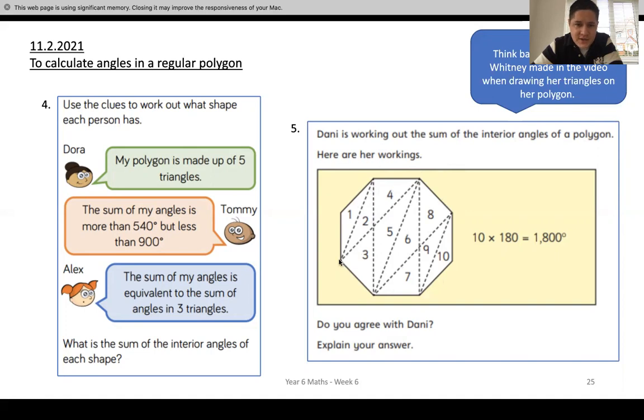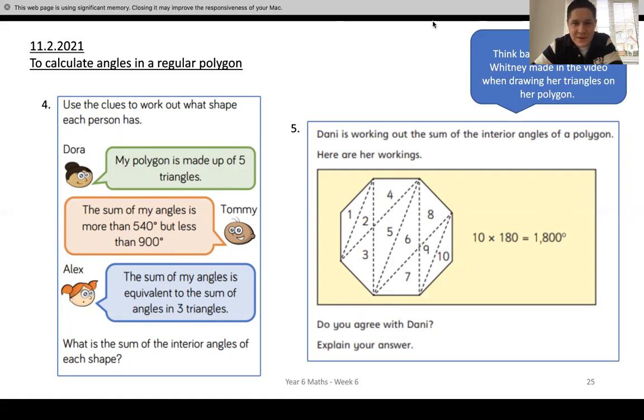I can't see any exterior sides on that triangle, or that one, or that one, or that one. Have a look and then see if you agree with Danny or not, that the total angles are 1,800, and explain your answer. If you can, work out what the interior angles of this shape should be.